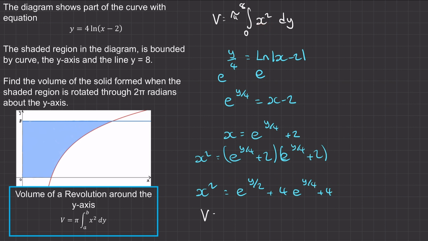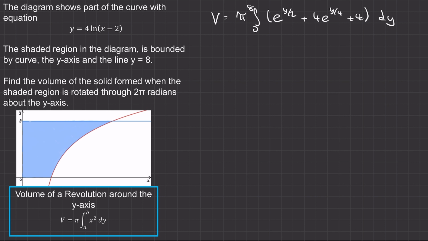So we get the volume is equal to pi times the integral between 0 to 8 of e to the y over 2 plus 4e to the y over 4 plus 4, integrated with respect to y. So when we integrate this, we get V is equal to pi, and then we integrate e to the y over 2, and using the reverse chain rule, this becomes 2e to the y over 2.